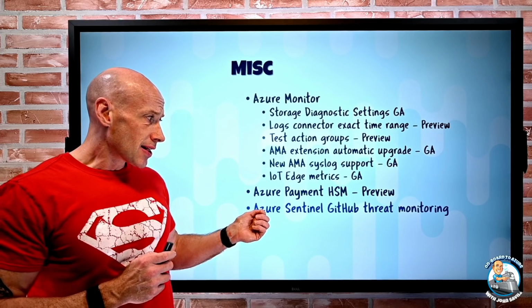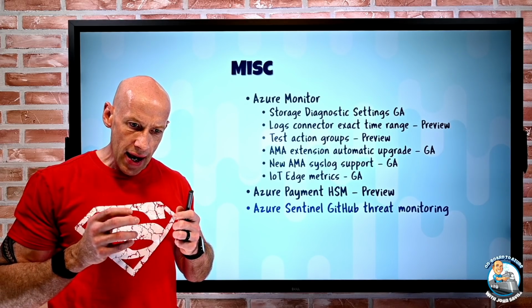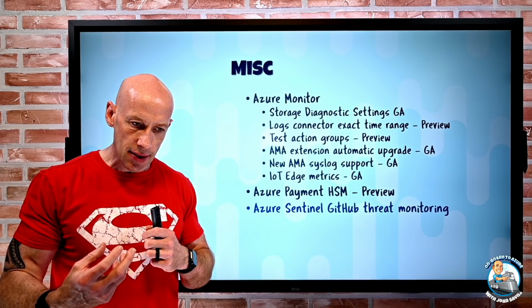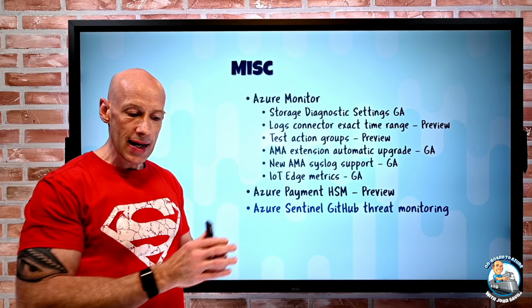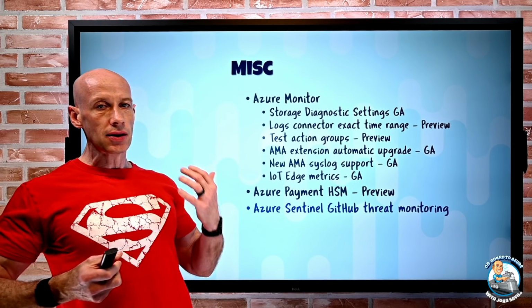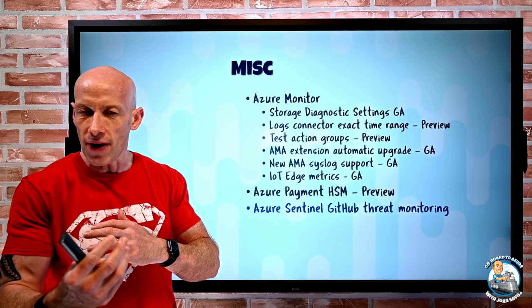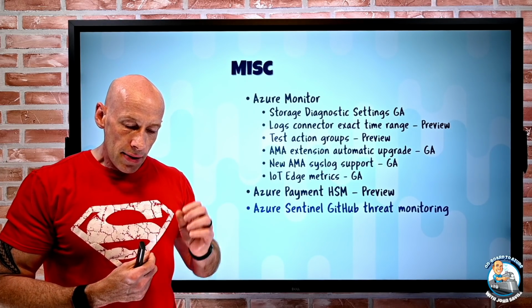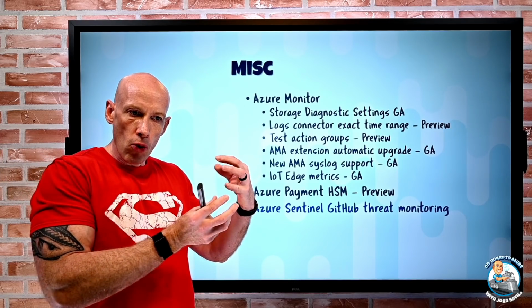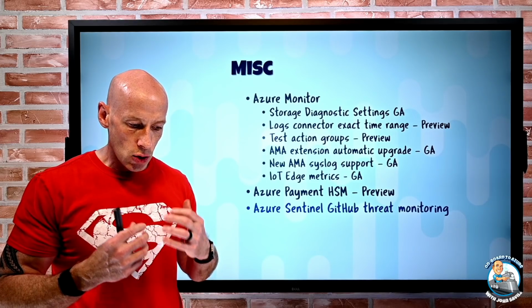And Azure Sentinel now has GitHub threat monitoring. So if I have GitHub Enterprise licensed, I can take the audit log from GitHub and now bring that into Azure Sentinel. Remember, Azure Sentinel is the Azure SIEM solution for my incidents, my events, and then actually automating responses to it. Now, once I get that audit log brought in, there's a number of built-in analytics rules, and I get access to a workbook.